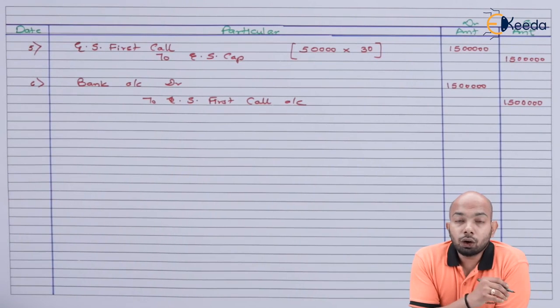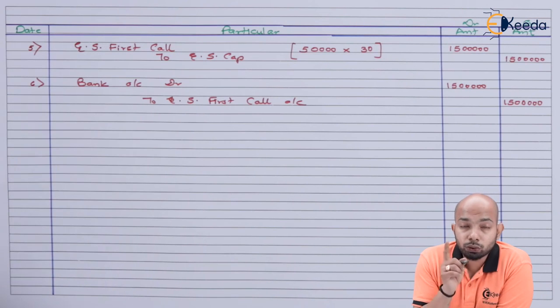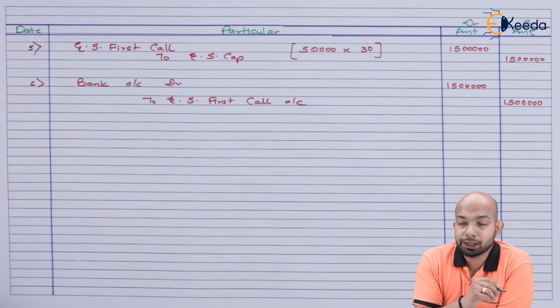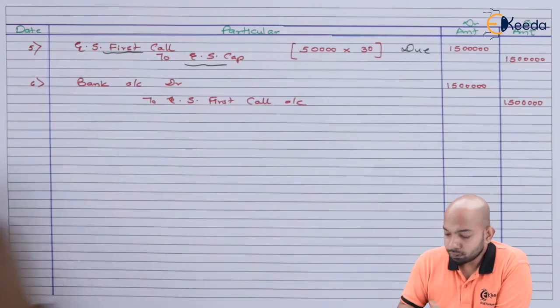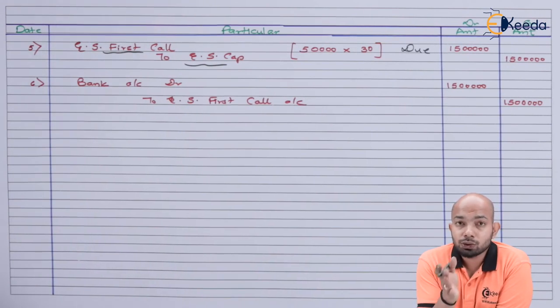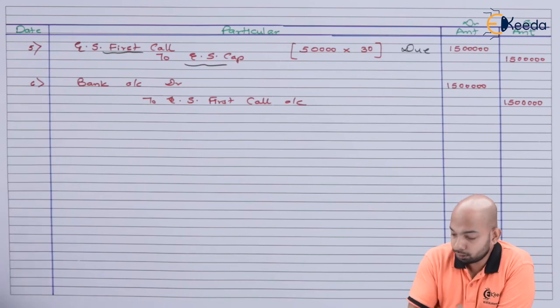So the first call due and receipt has been passed here. The due entry refers to equity share first call to equity share capital, and that refers to 50,000 into 30, that is 15 lakh rupees. And the same amount we have received here, bank account debit to equity share first call.